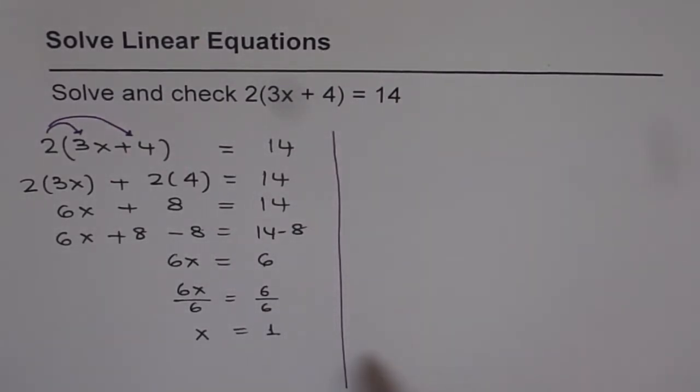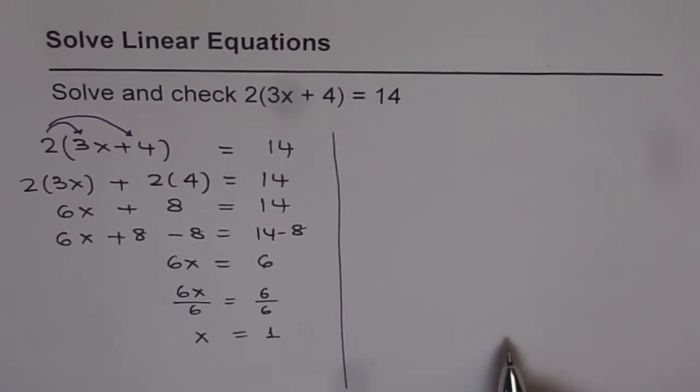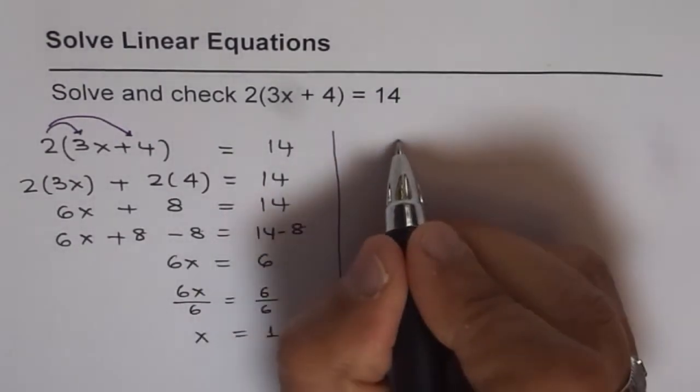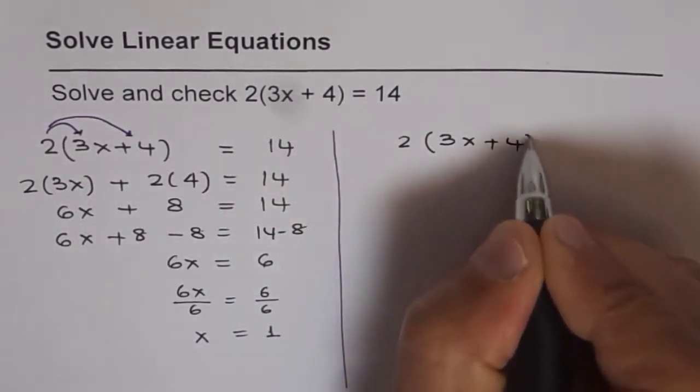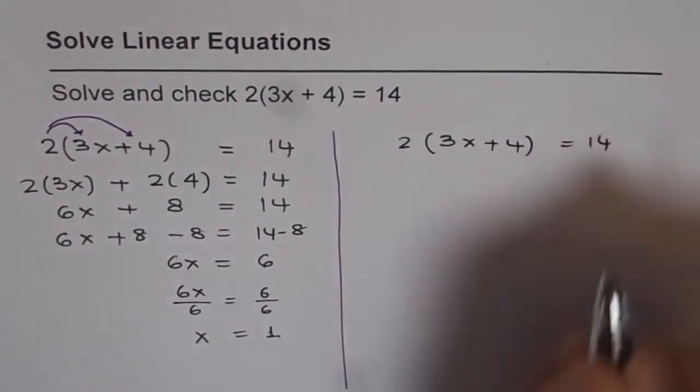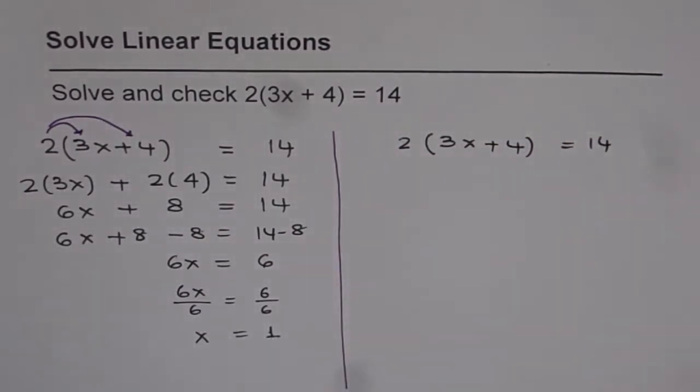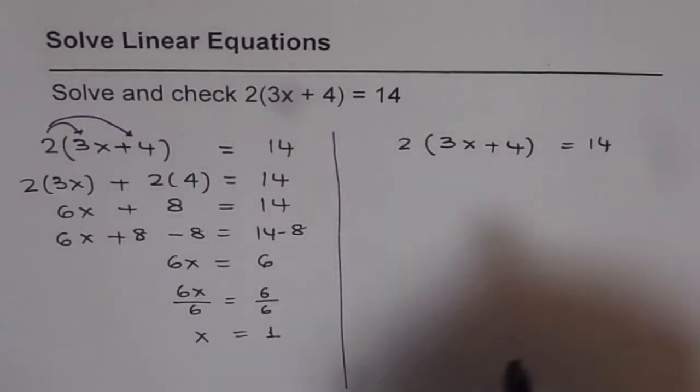Now let's do an alternate way of solving the same thing, and then we'll compare the answers and check them also. The alternate way: when you're given the equation 2(3x + 4) = 14, we can first divide by 2 on both sides.